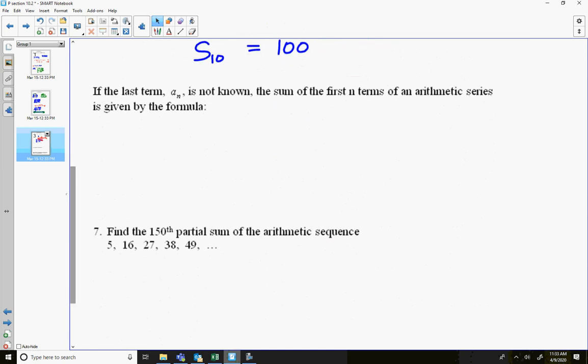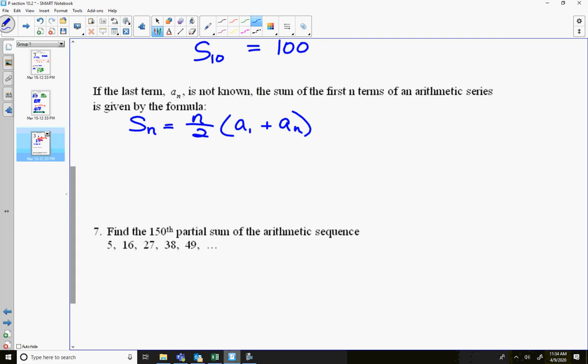If that last term, though, is not known, how would you figure it out? Well, there actually is another formula, but it's simply derived by using the 2 formulas we already know. So we know the formula here is this for the sum of those first n terms of the arithmetic series.